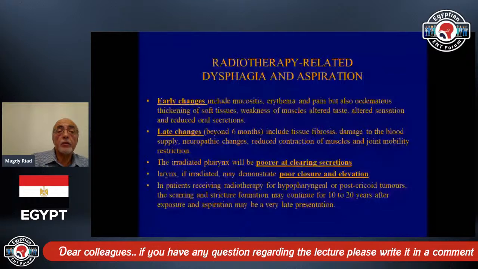There will be also neurological changes and reduced contraction of the muscles of the pharynx, the larynx, and the floor of the mouth. They would continue to have poorer clearing of secretions in the pharynx and reduced laryngeal closure and elevation for a good while.